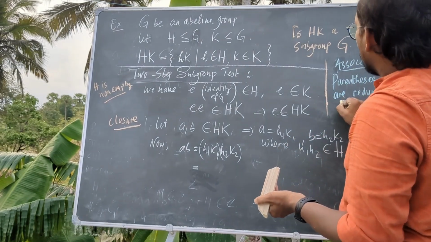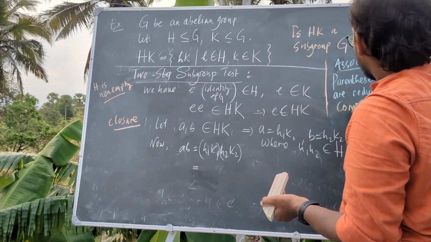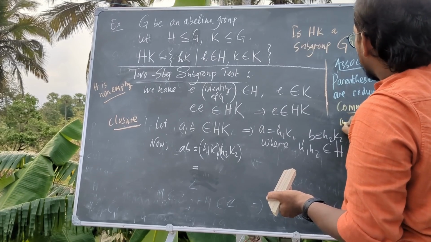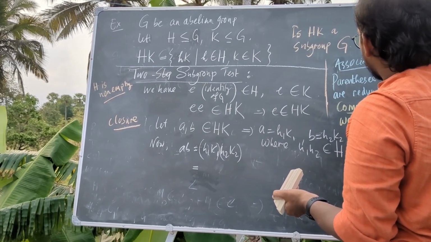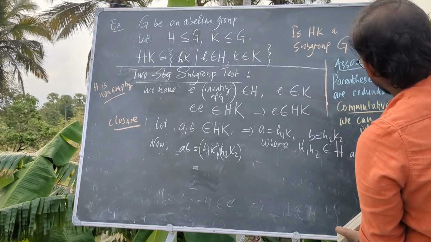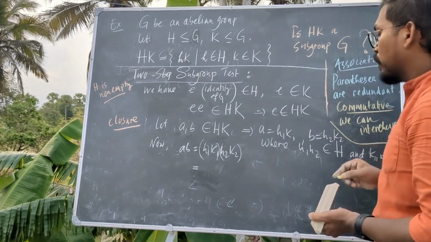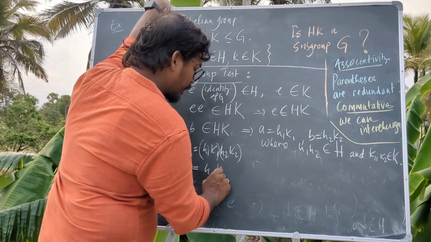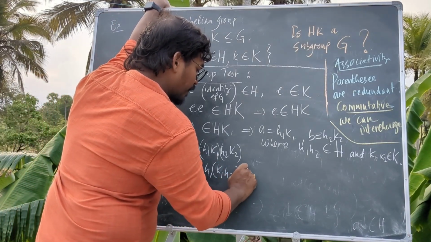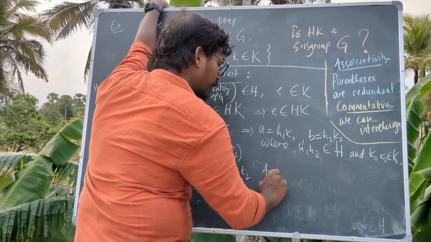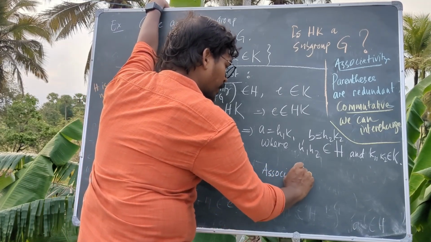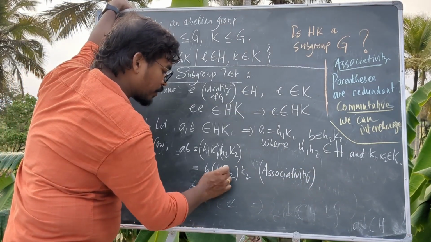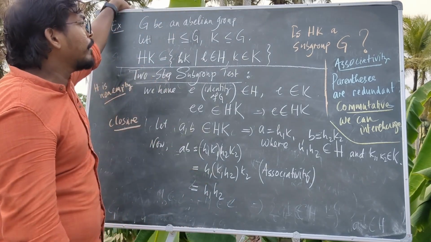And we will also use commutativity. Commutativity says we can interchange two elements. So by using associativity, you can write this, and by commutativity, I can write this one as follows, since it is given an abelian group.